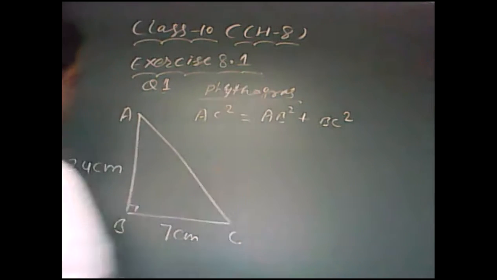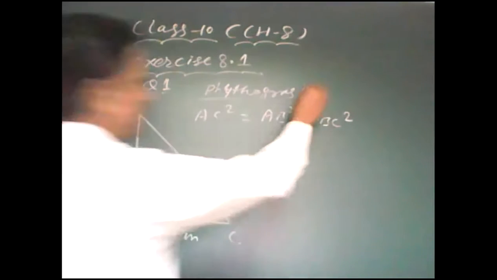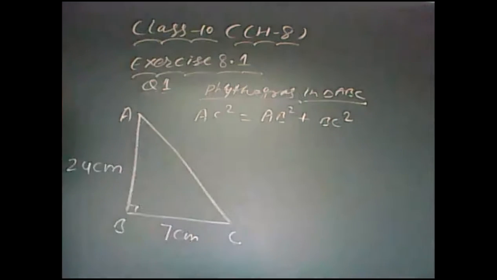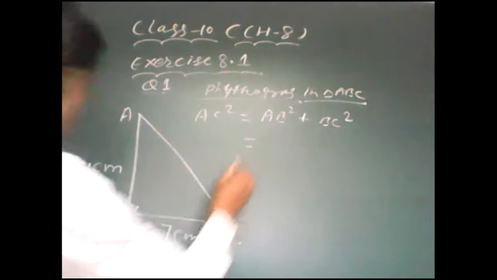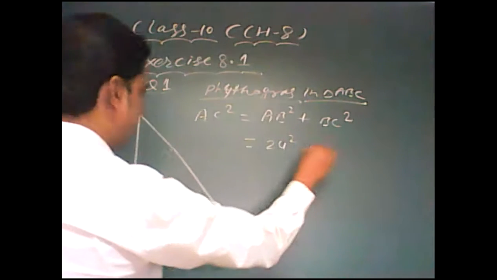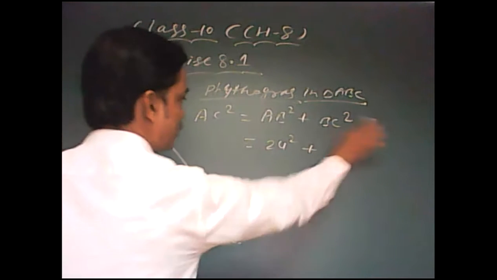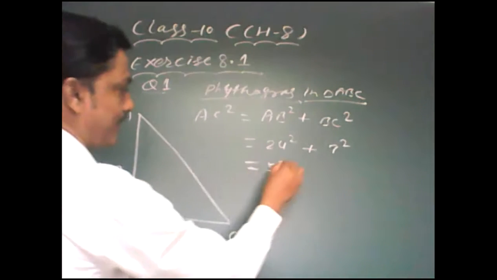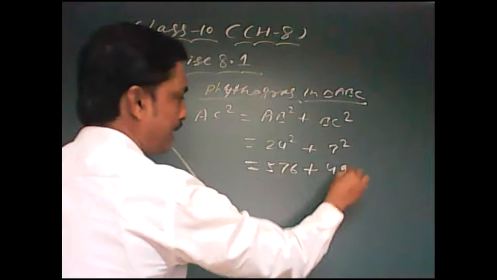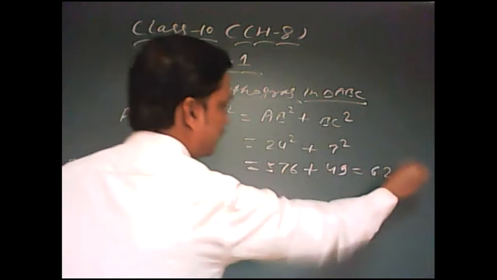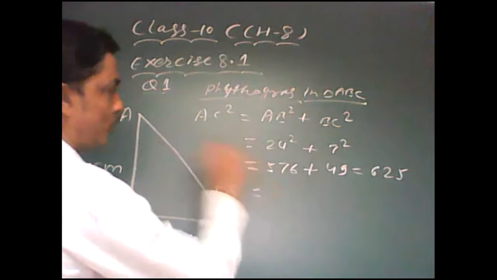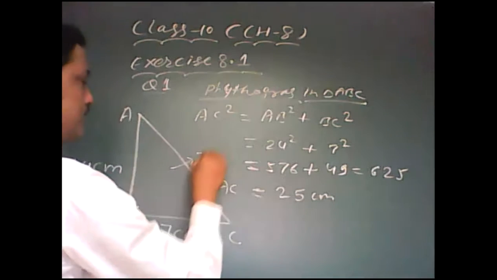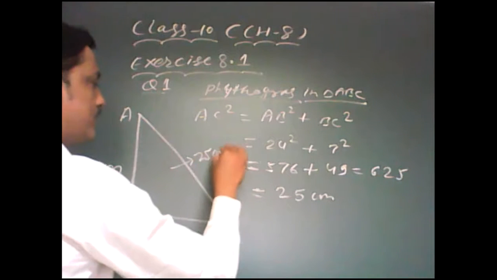By using Pythagoras theorem in triangle ABC, AC square is 24 square plus 7 square. 24 square is 576 plus 49, that is 625. And what is AC? Taking square root both sides, we get 25 centimeter. It means this one is 25 centimeter.